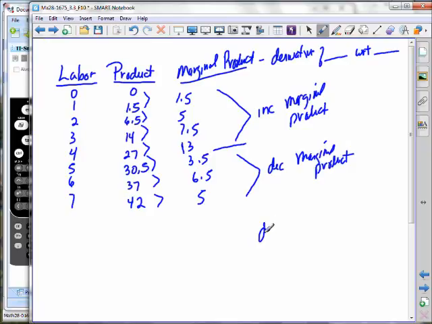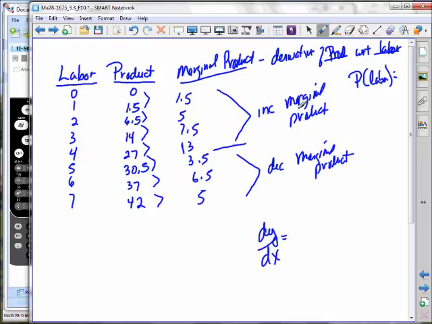If you have this, how do we read this? This is the derivative of, which one is it? With respect to x, right? So this is the derivative of product with respect to labor. Okay, so it's a function of labor, P of L, if you wanted to do it that way, would be your function.